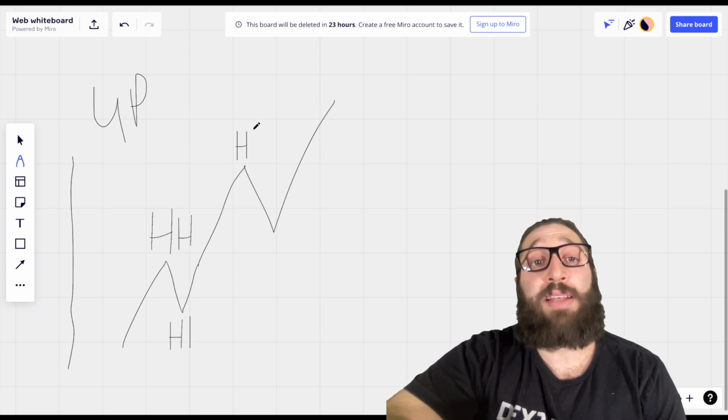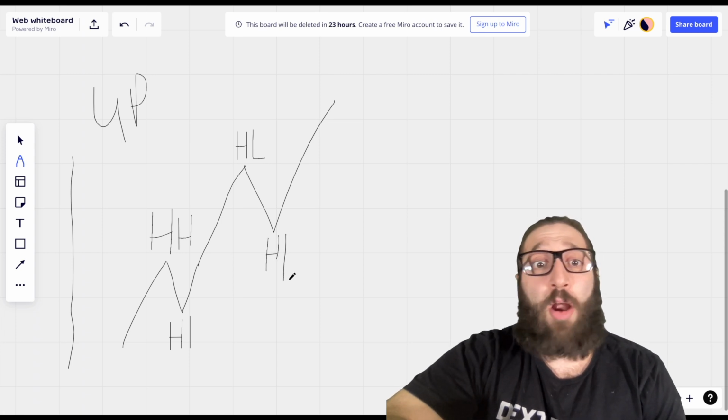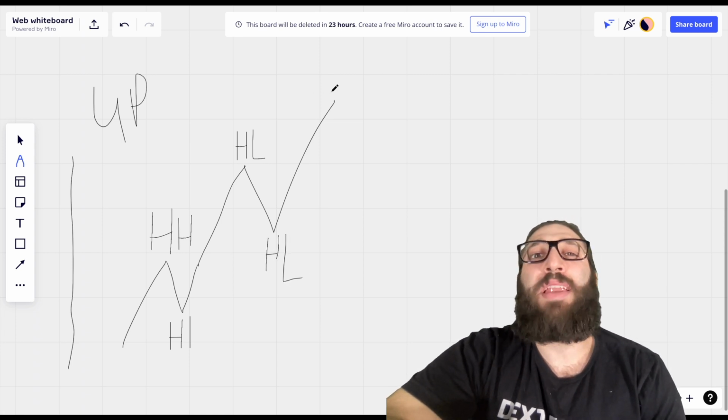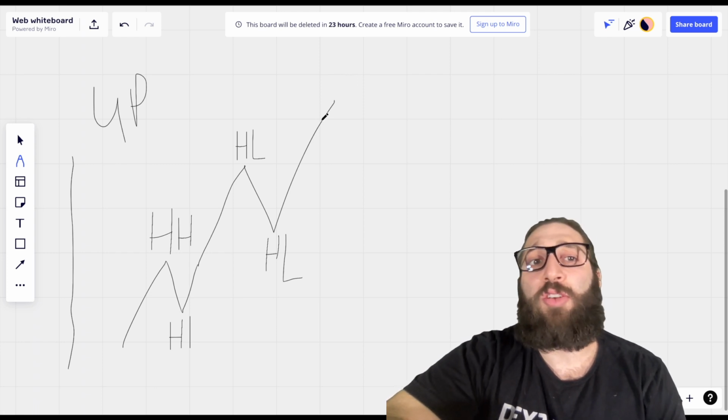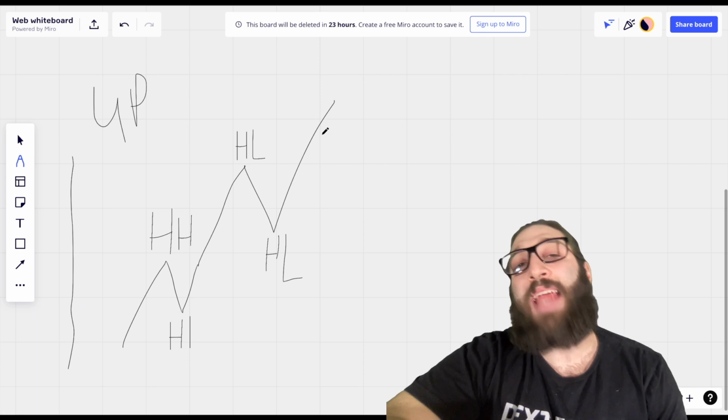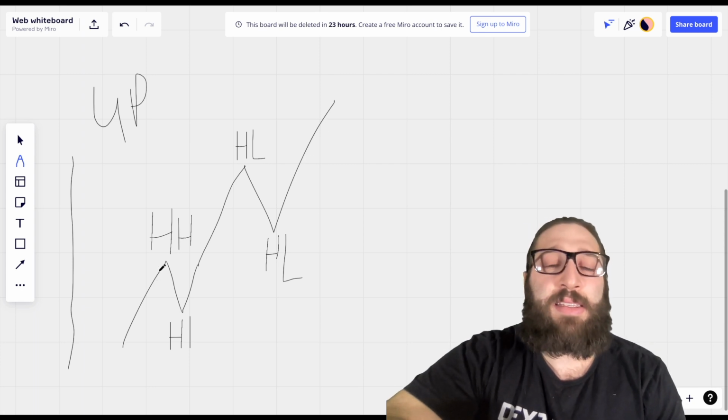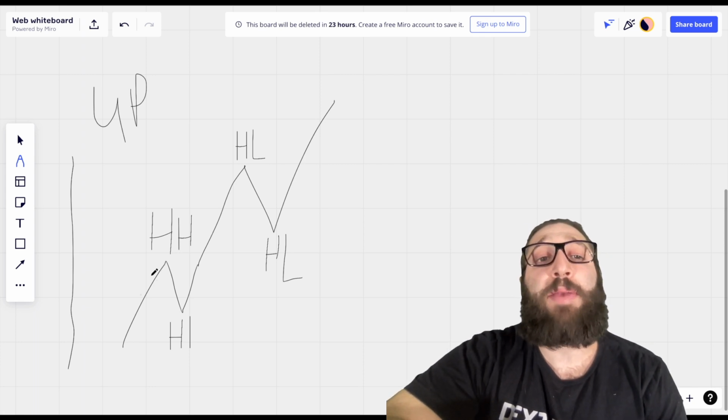So I'm going to show you guys how to identify trends with price action, like market structure, and then one indicator. I'm going to show you guys how to do it several ways so you know for sure, okay, we're in an uptrend or we're in a downtrend. So this is what consists of an uptrend. Price is making higher highs while coming down and making higher lows, and moving on to make another higher high, and moving on to make another higher low.